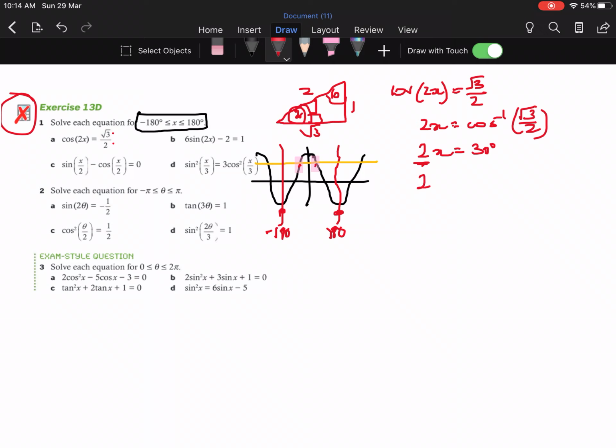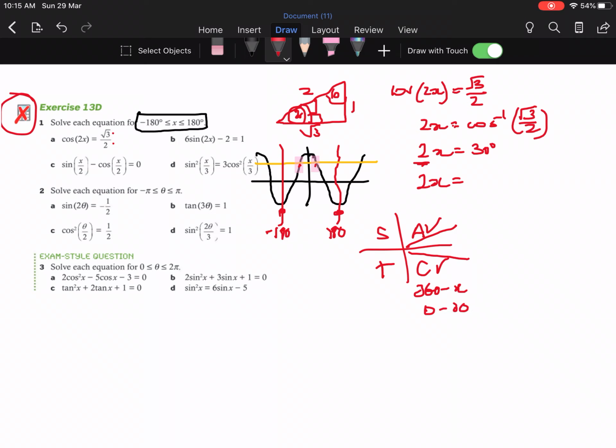So thinking about my CAST diagram, all sine, tan, cos, the root 3 over 2 is positive and it's cos, so I'm using these two quadrants where this is 30 and then in here is going to be 360 minus 30. Or if you think about it on the negative side, it's going to be 0 minus 30.